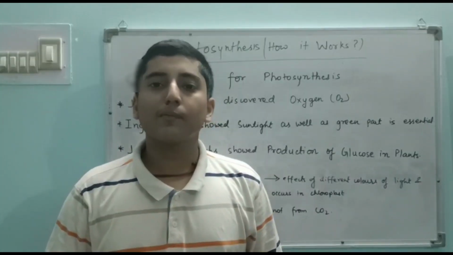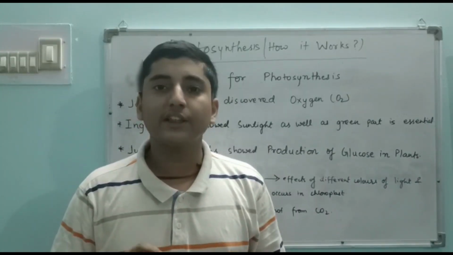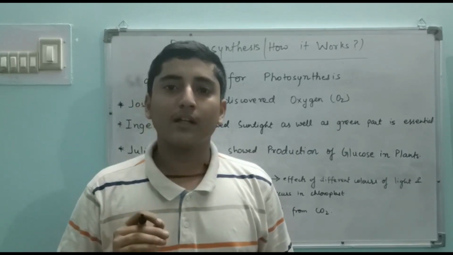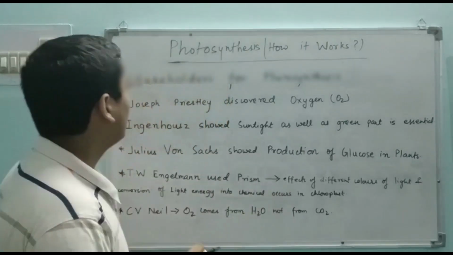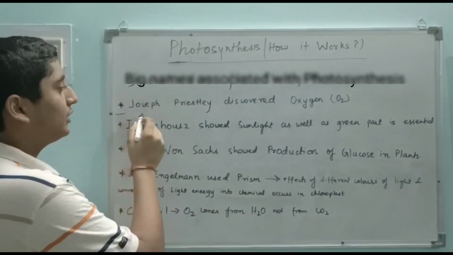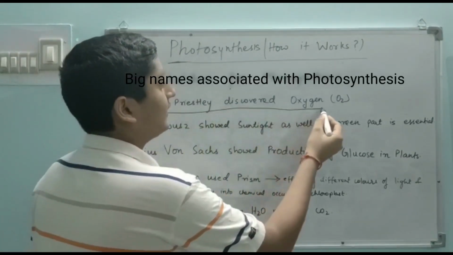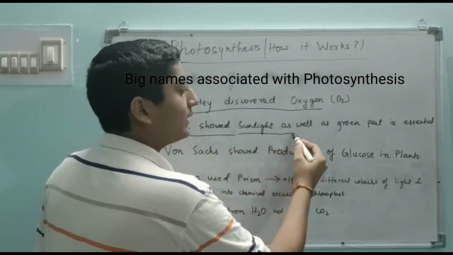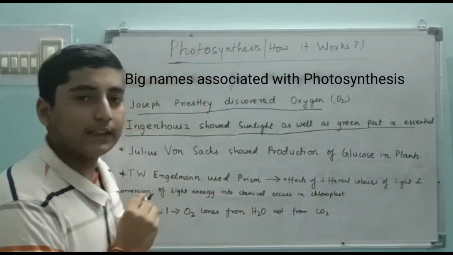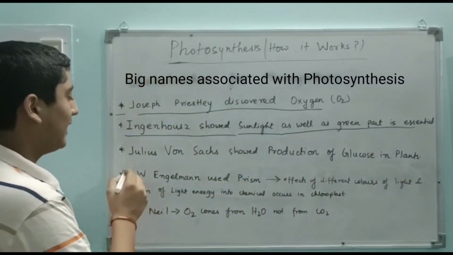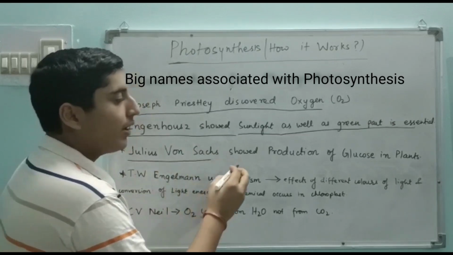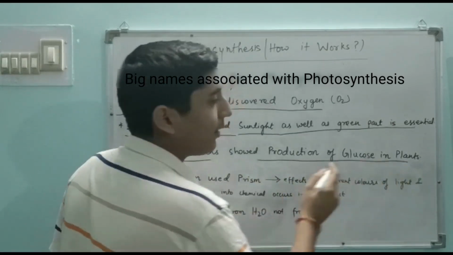The scientists responsible for the essential facts about photosynthesis: first, Joseph Priestley discovered oxygen, and Ingenhousz showed that sunlight as well as the green part is essential for photosynthesis. Third, Julius von Sachs showed the production of glucose in plants.